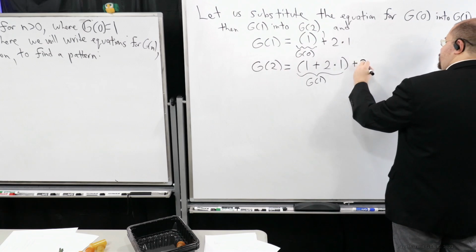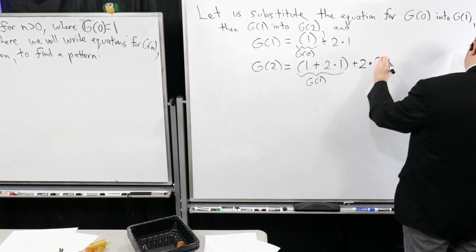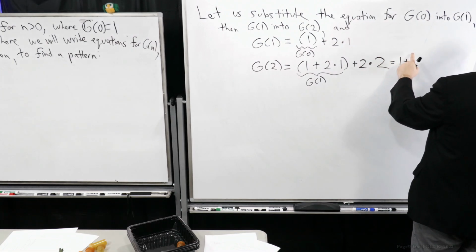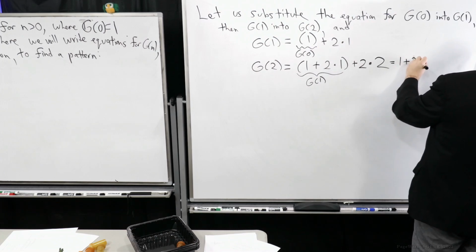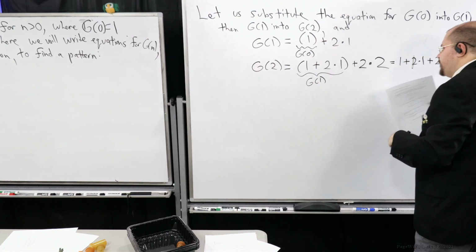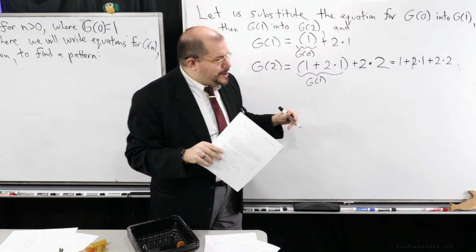So now I have 2 times the something, which is 2 times 2. So what is this actually? This is 1 plus 2 times 1 plus 2 times 2. Do you see anything interesting happening here? Well, let's keep going.